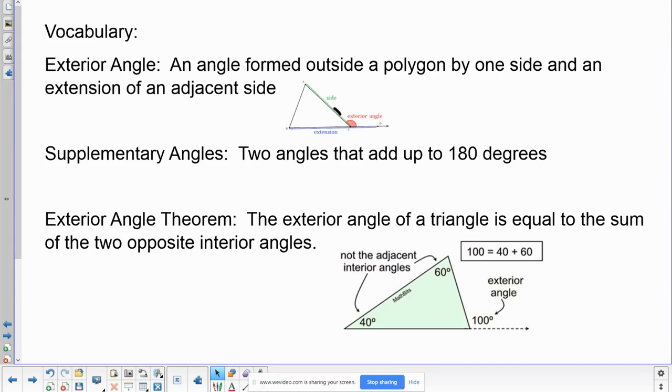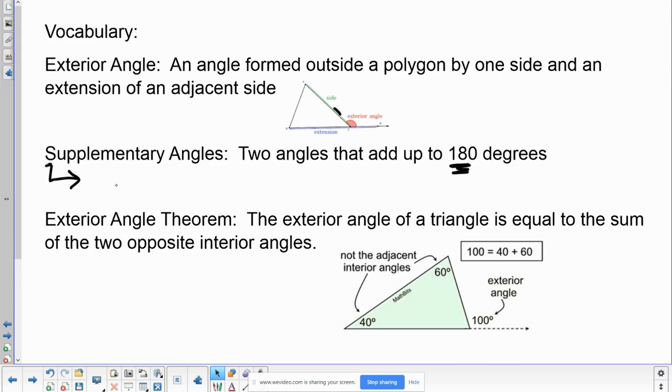Another definition, which I'm sure is a review for you, is a supplementary angle. I always remember supplementary because it starts with S, and the definition is two angles that add up to 180 degrees.